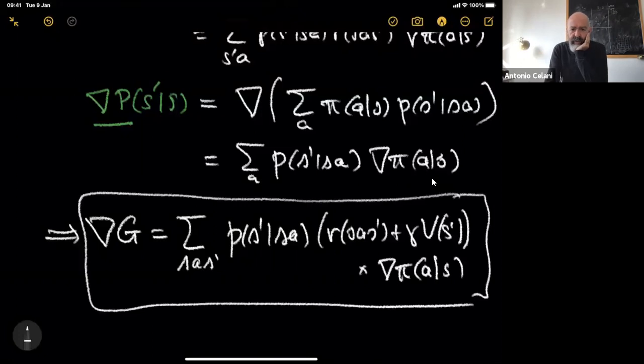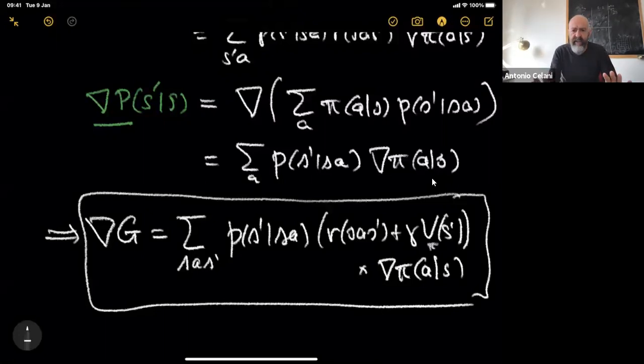So this was a long route for a very neat result, in that we have been able to express the gradient in terms of derivatives with respect to the policy itself. Everything else in the middle is something which depends on pi, so V depends on pi. But it just depends on the gradients in such a way.